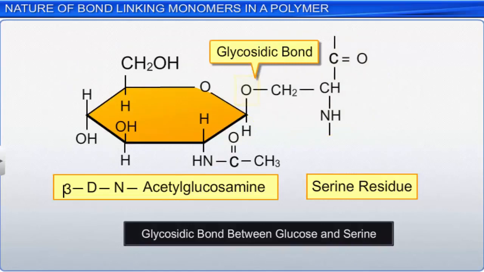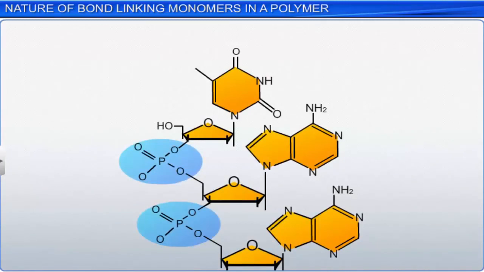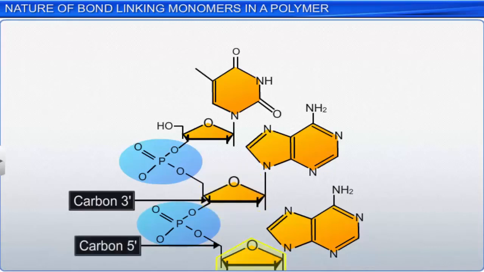The bonding in nucleic acids is different. Here, the 3' carbon atoms of one sugar of a nucleotide are linked to the 5' carbon atoms of the sugar of the succeeding nucleotide by a phosphate moiety. The phosphate and hydroxyl groups of sugar join to form an ester bond. The ester bonds formed by the phosphate group between the 3rd and 5th carbon atoms of adjacent pentose sugar rings are called phosphodiester bonds.